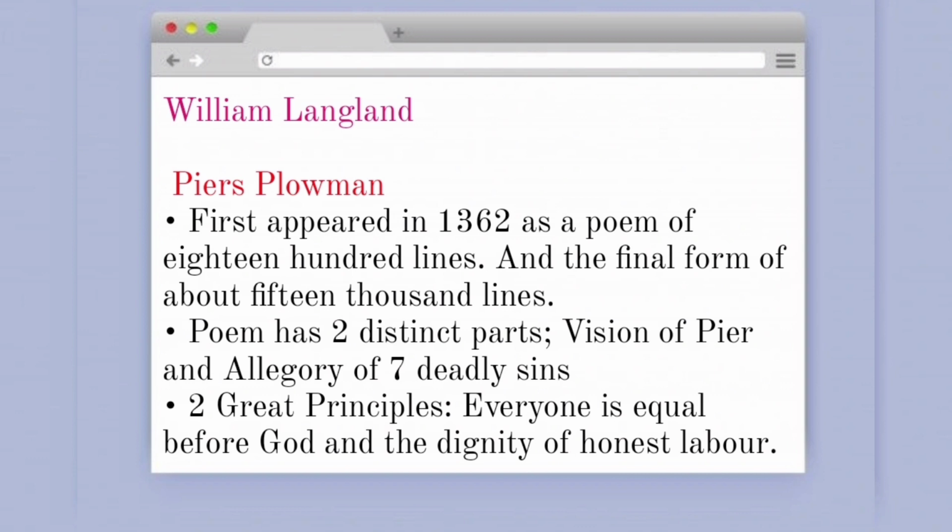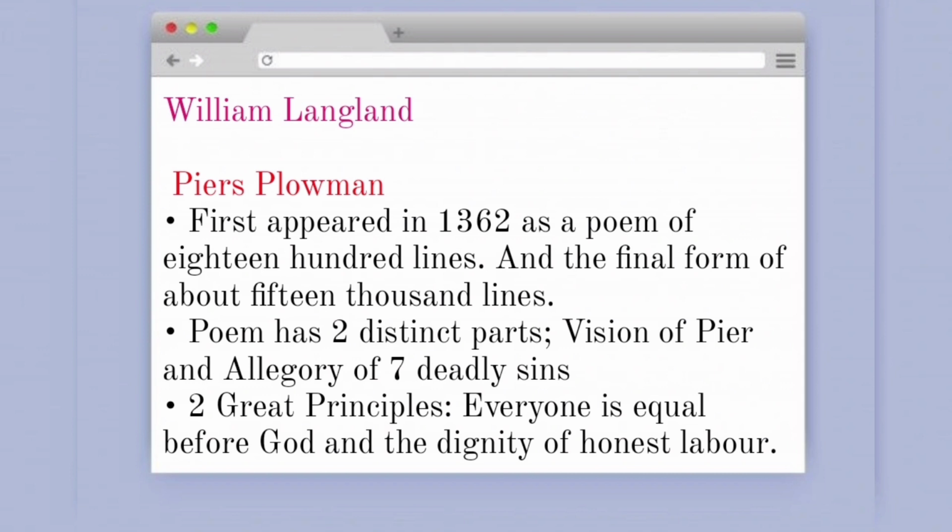Here the 7 deadly sins appear in an allegorical way. They are asking Piers about the way of truth, and Piers says the way of truth is through honest labor, like honest work. So the 2 great principles this poem gives are: one, everyone is equal in front of God; second, the dignity of honest labor. So that's about William Langland and Piers Plowman.